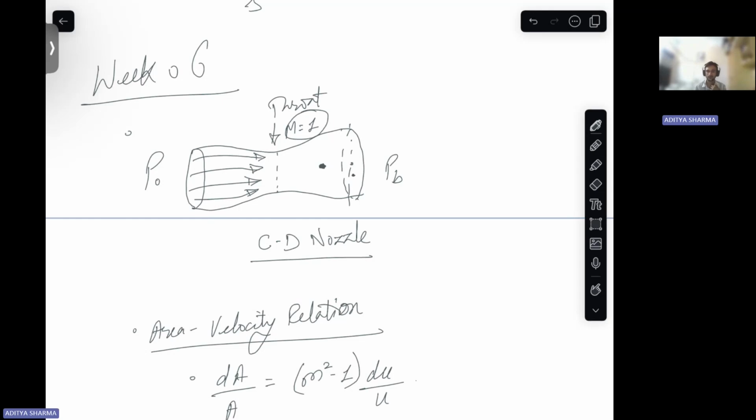So that is clear. So this is your nozzle.